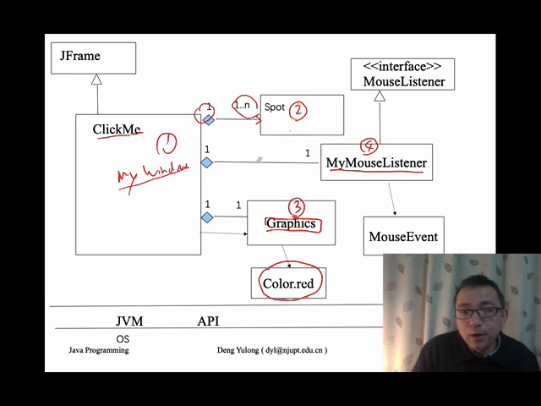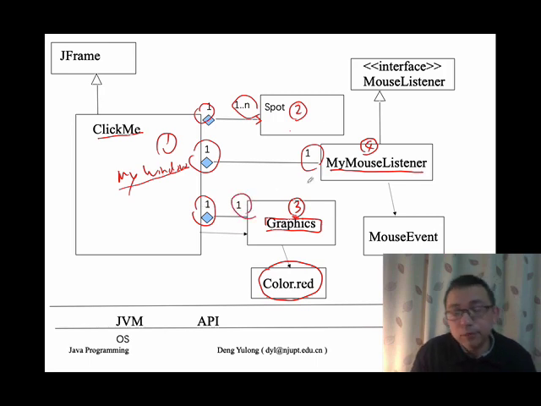In the same way, the relationship between click me and graphics, and between click me and the mouse listener, must be the same. They are all composition. So we have one click me, one mouse listener, one click me, one graphics. We use numbers to mark this on the symbol.